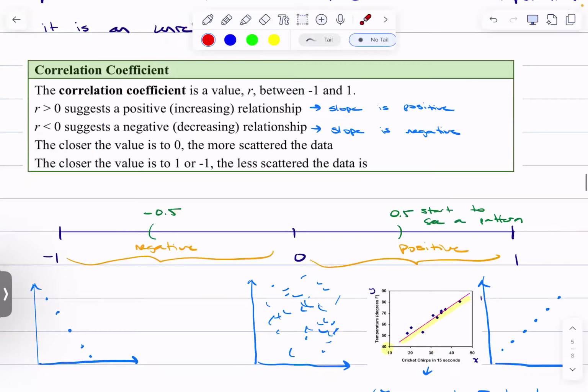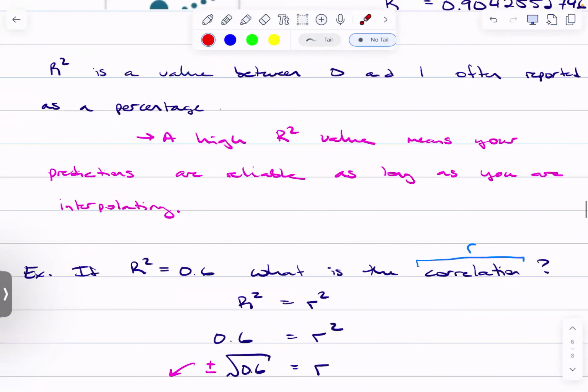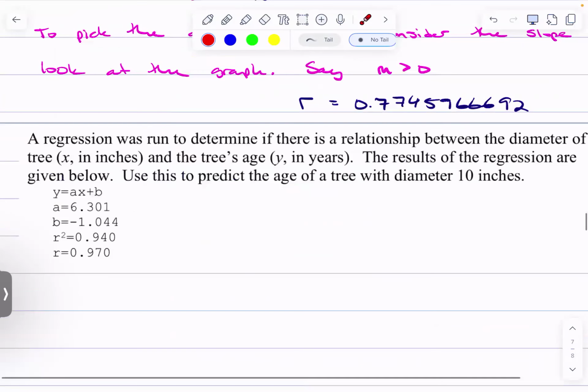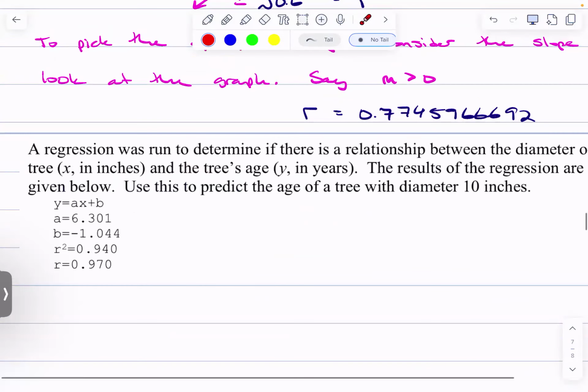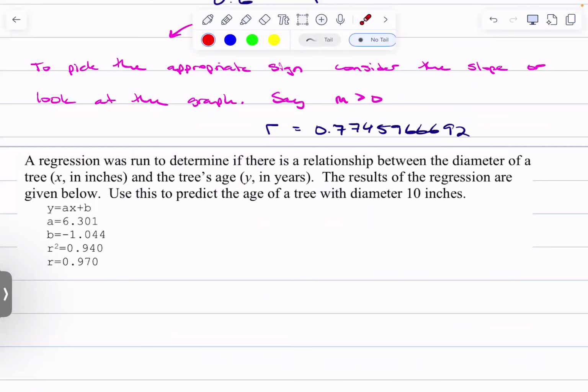Another way that I could give it to you is a summary like this. And so a regression was run to determine if there is a relationship between the diameter of a tree, X, which is in inches, and the tree's age, Y, in years. We understand how trees work, and so there should be some sort of relationship, probably.